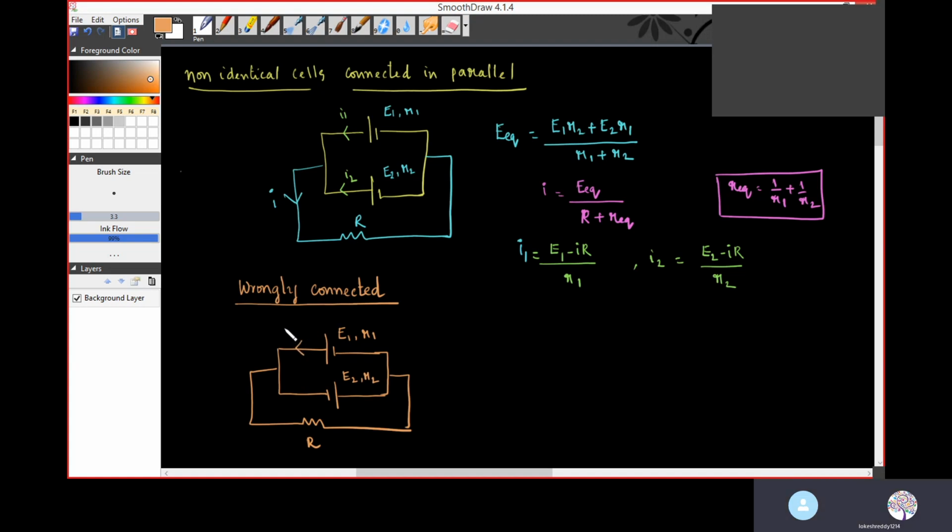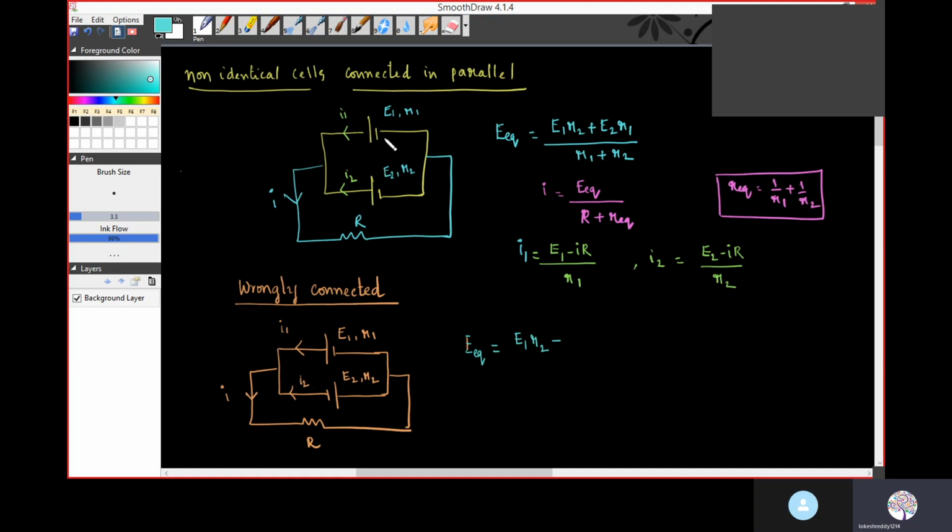This is I1, this is I2, and the current here is I. Now equivalent EMF, E equivalent is equal to E1 r2 minus, so here you have a minus because they were wrongly connected.